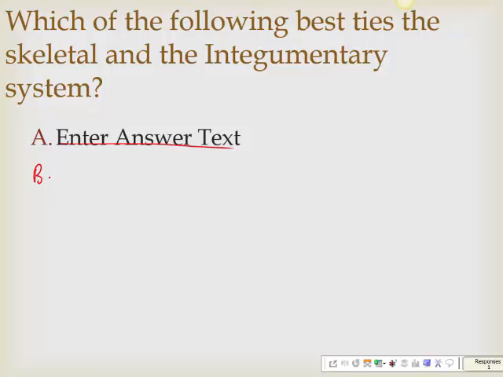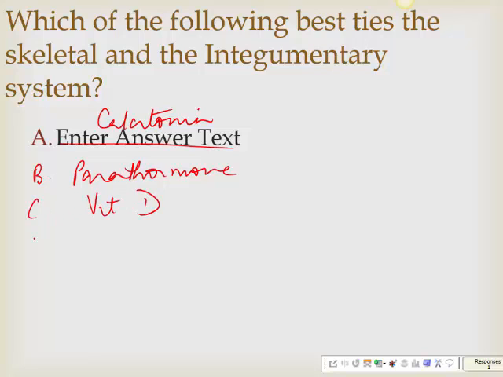Okay, let's see if you can choose. Nothing's happening? Okay, well, we won't waste time.